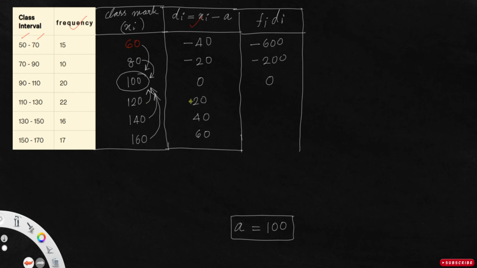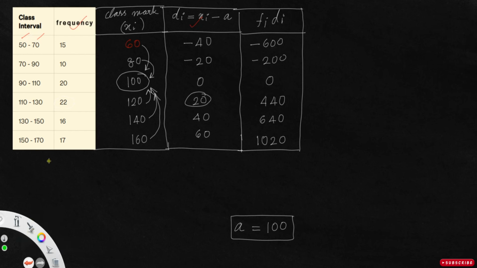Now 20 into 22 will be 440. And 16 into 40, 16 fours are 64, so 640. 17 into 60 is equal to 1020. Now I got fidi also.